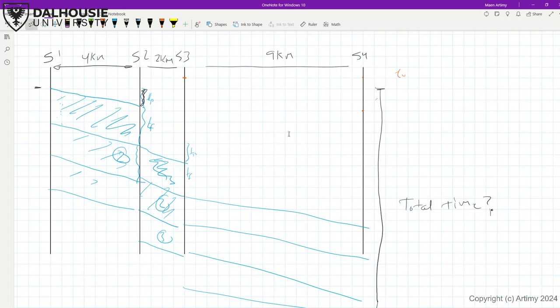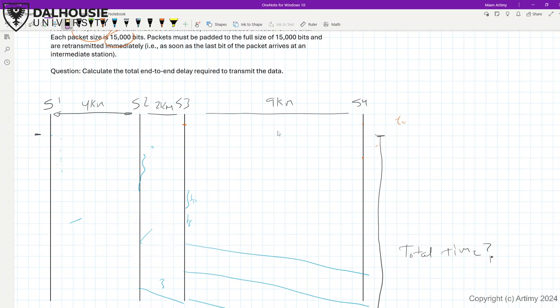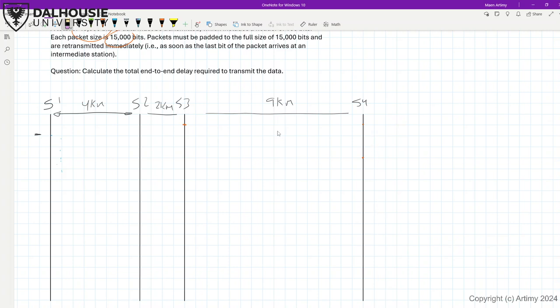Let's do some calculations. Let me erase this. The first thing I want to know is how many packets we need. Again, don't concern yourself with the type of the packet. Is it IP? Is it TCP? Is it Ethernet?